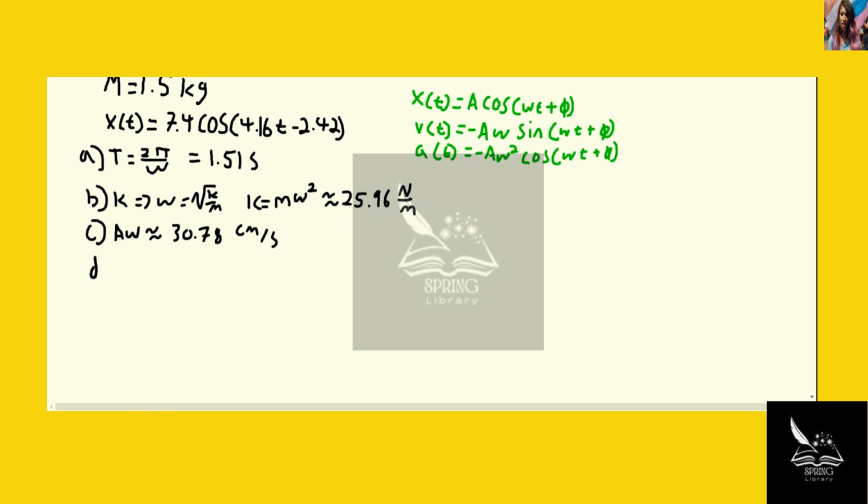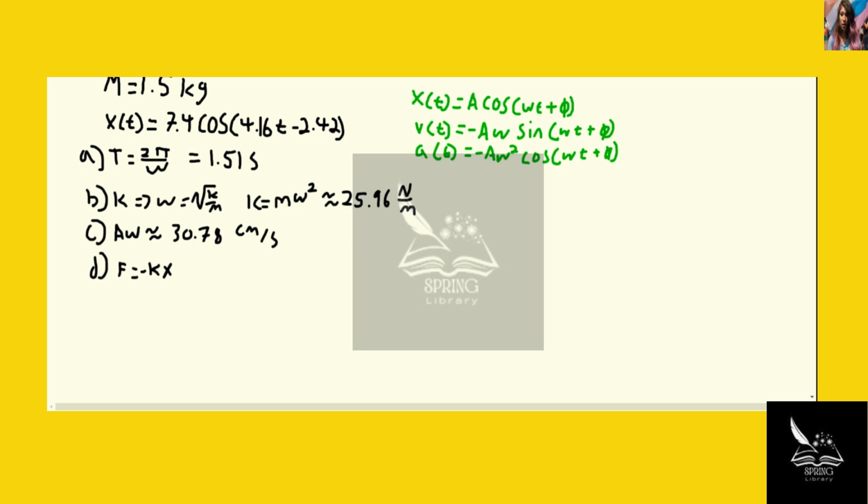If we look at part D, we're looking at the maximum force. The quickest way to do this one is looking at just the equation for force for a spring. So F equals negative K times X. We can see that the amplitude for X is 7.4, which is also the furthest that it's going to reach. We can look at K, which we've already solved for, is 25.96.